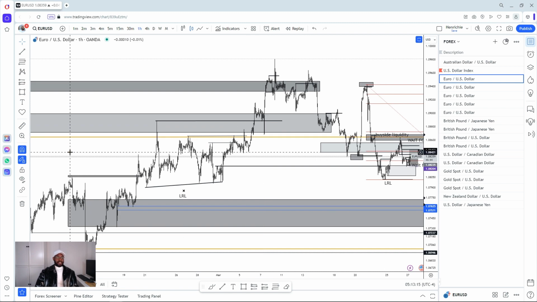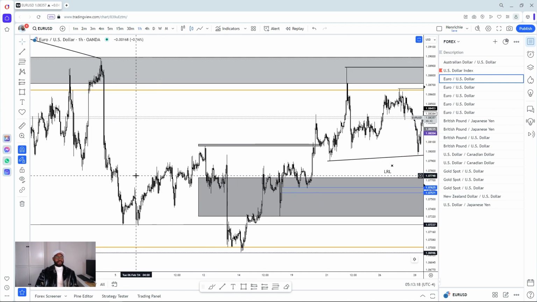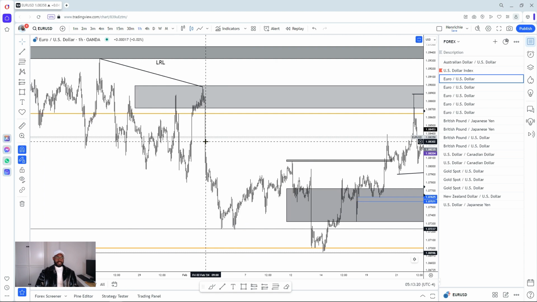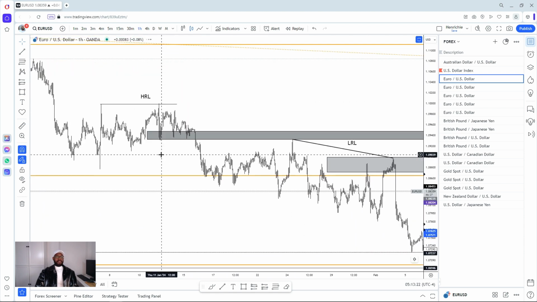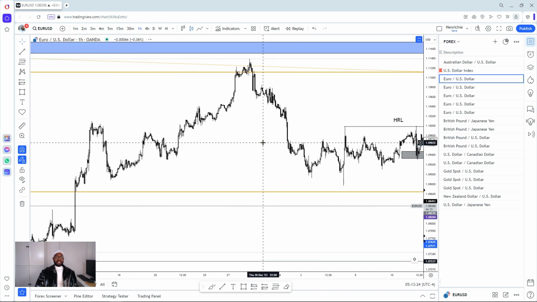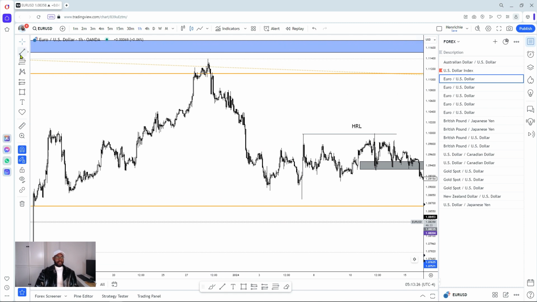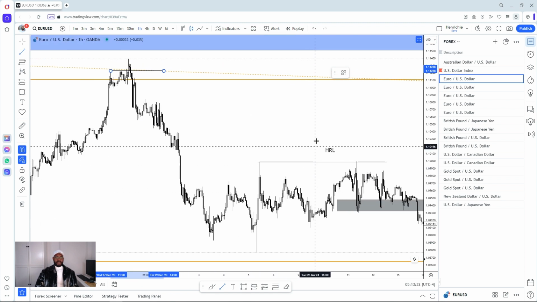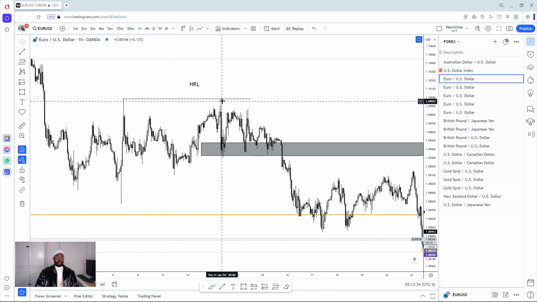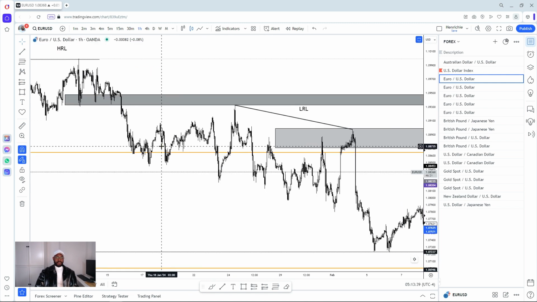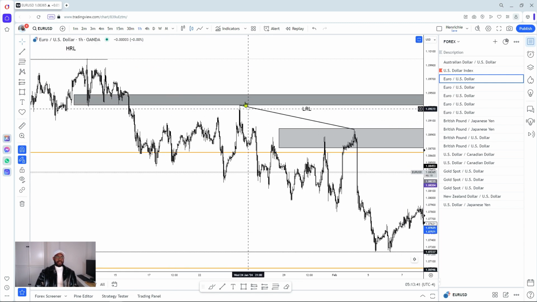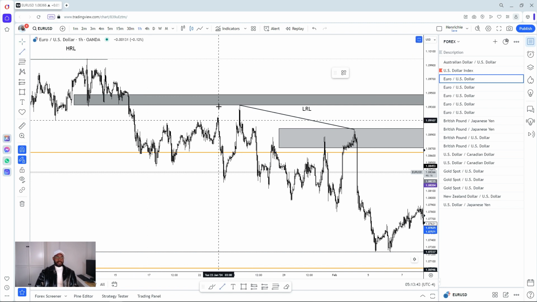You can literally see that. And every single low takes liquidity before a drop. And if we even go from this overall high right here, you can see that we took liquidity from here, took liquidity, dropped. You can see right here, we took liquidity from here, dropped.